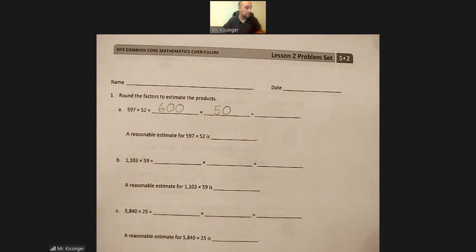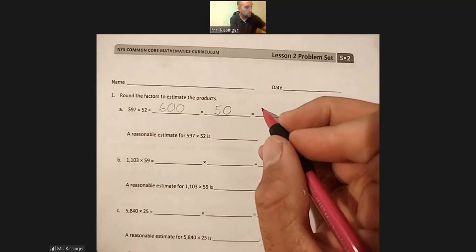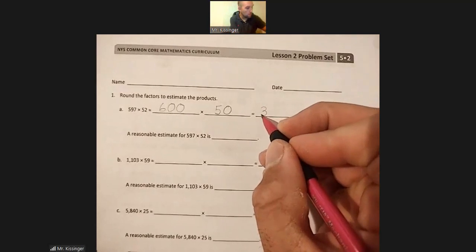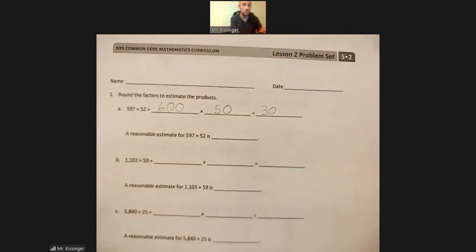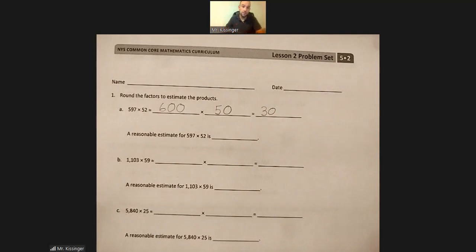We're going to take, just like we did in the previous lesson, the 5 and the 6 here, multiply those together, and that gives us 30. But we're not multiplying 5 and 6, we're multiplying 6 hundreds and 5 tens. So we need to add our zeros at the end. So we have a nice nifty little trick here we can use.